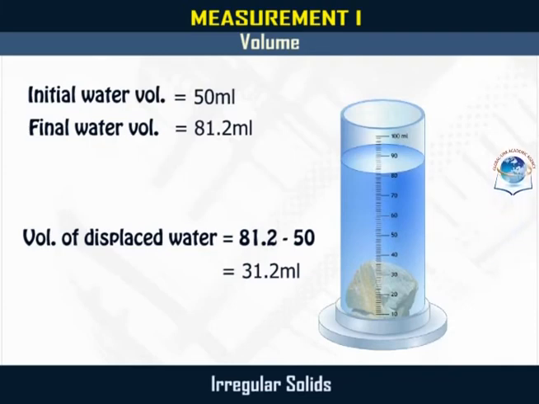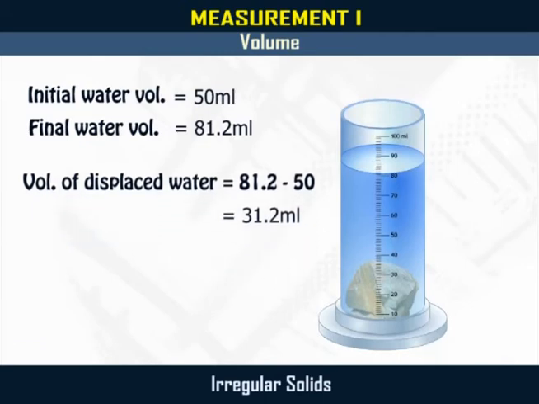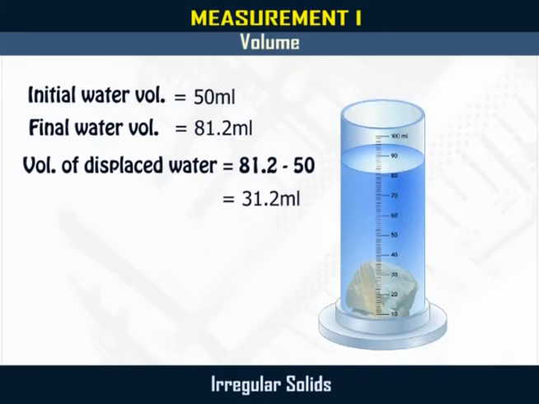Now, whereas it's widely acceptable to give the volumes of liquids and gases in terms of liters and cubic meters, volumes of solids ought to be given in cubic meters. The solid displaces its own volume of the water, so we convert the 31.2 milliliters into cubic centimeters.